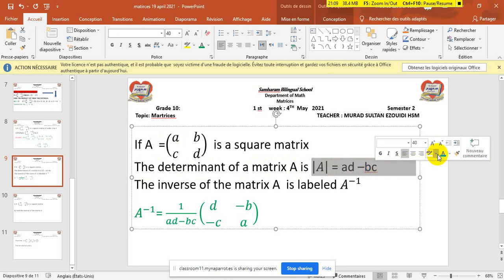Then to find A negative 1, the inverse of A, you should divide, after changing D comes in instead of A, and A comes instead of D, and put a negative sign in front of B and a negative sign in front of C. Then you will divide by AD minus BC. Clear this one?